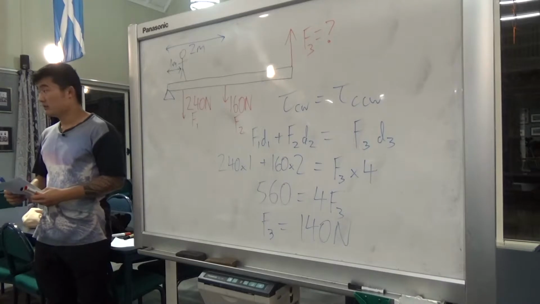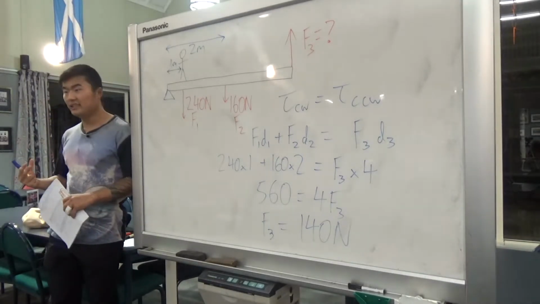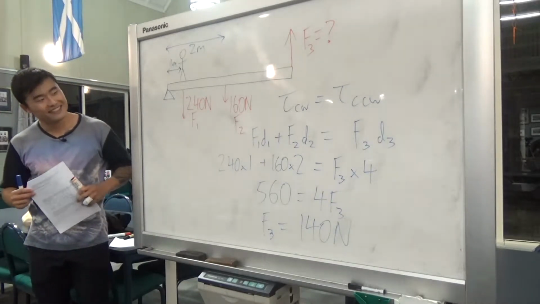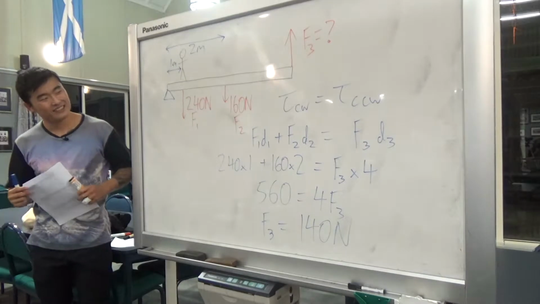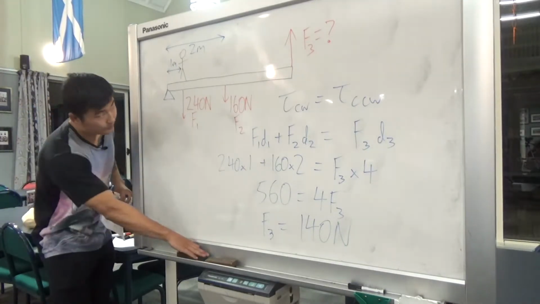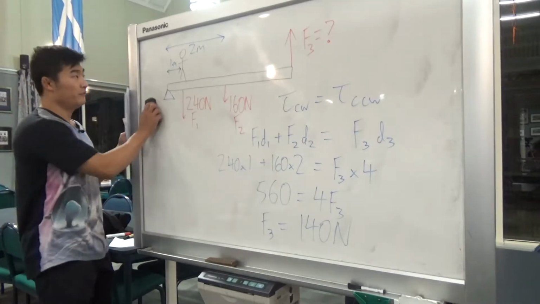Okay, so that one's a little bit harder. We have 3 components here, not 2. Okay. All right. So number 5.